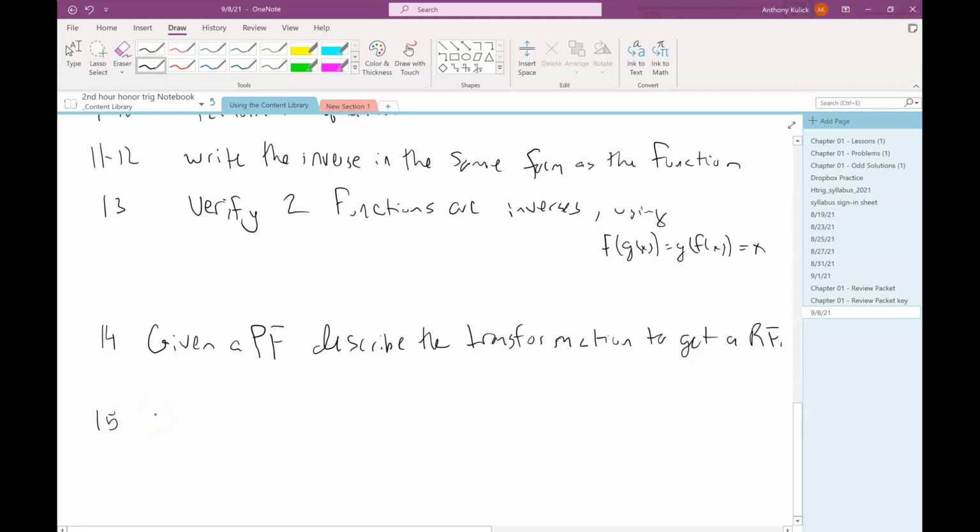You'll have a question where I give you a parent function, and I would ask you to find the resultant function after some transformations.